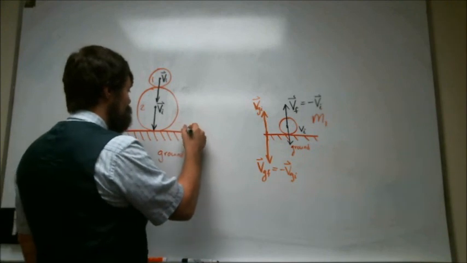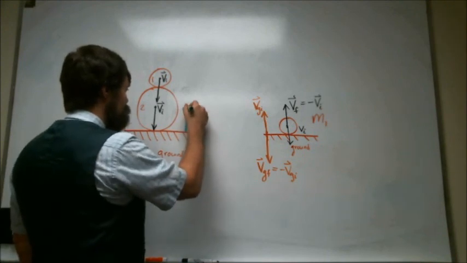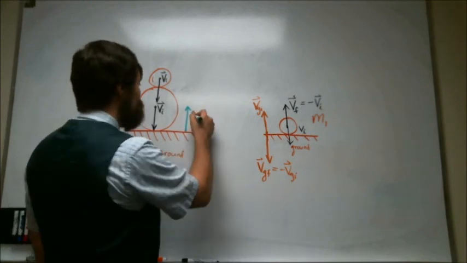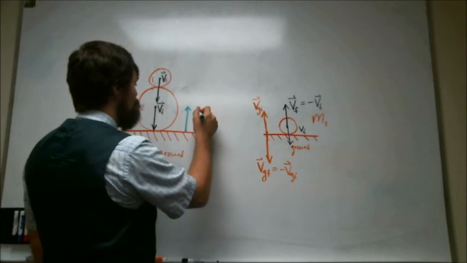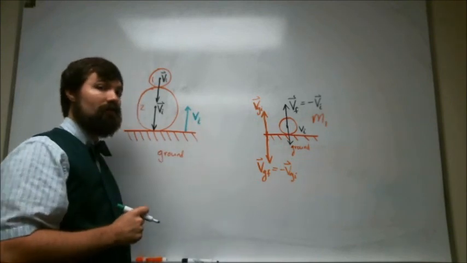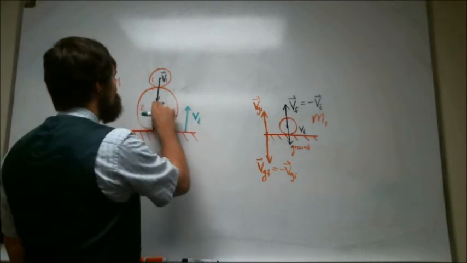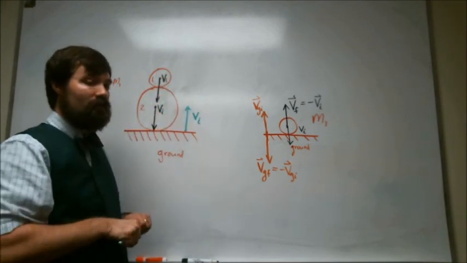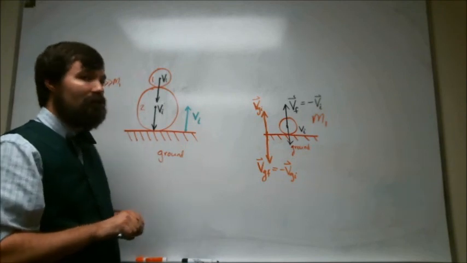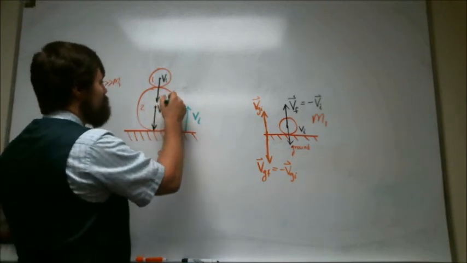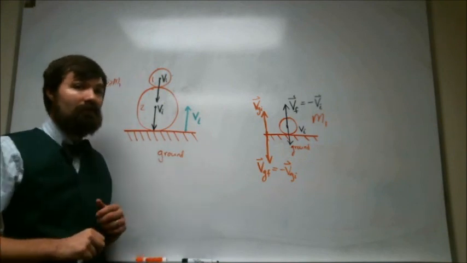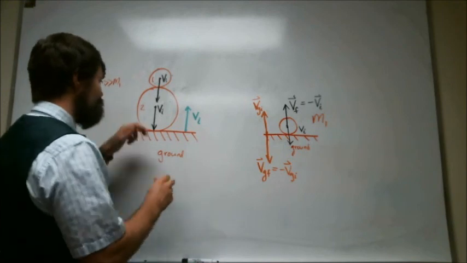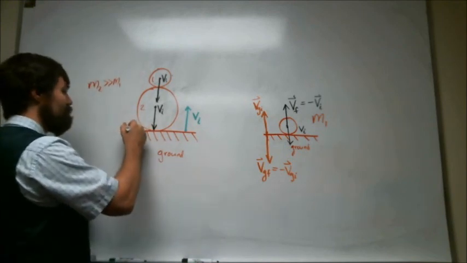In that case, the ground looks like it's rushing up to meet ball number 1 or ball number 2 with the same initial speed as what ball number 1 would have towards an observer on the ground. Both balls are basically stationary within each other's reference frame, and the same is true from the reference frame of ball number 2.